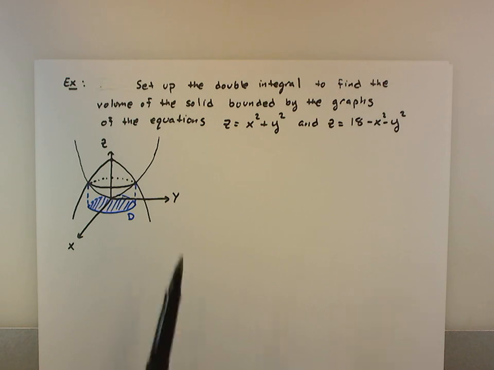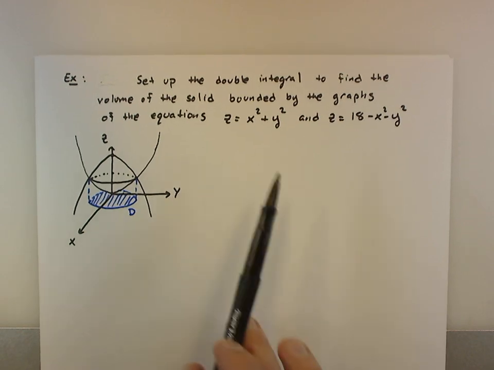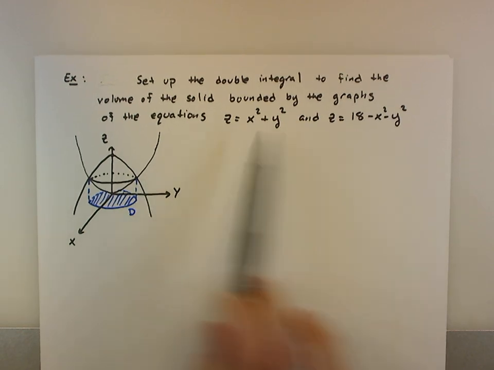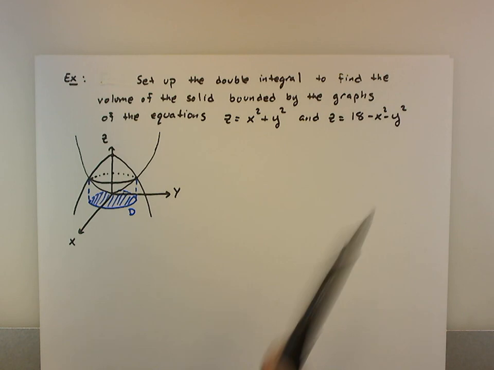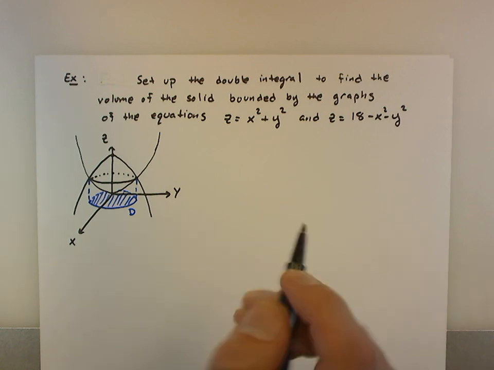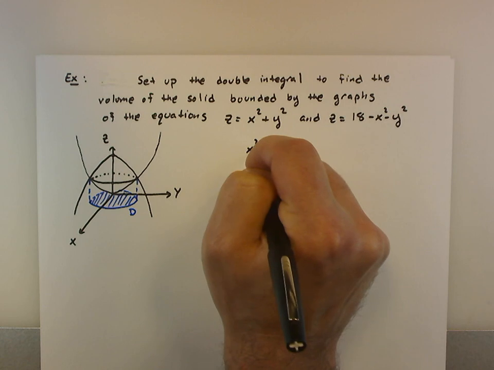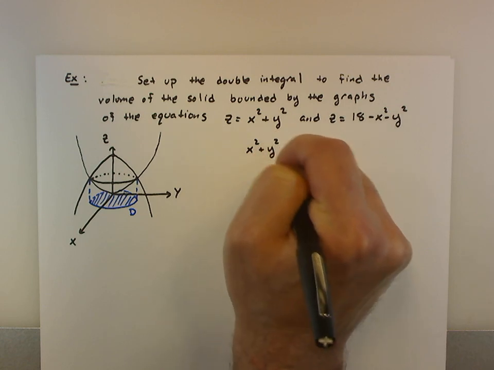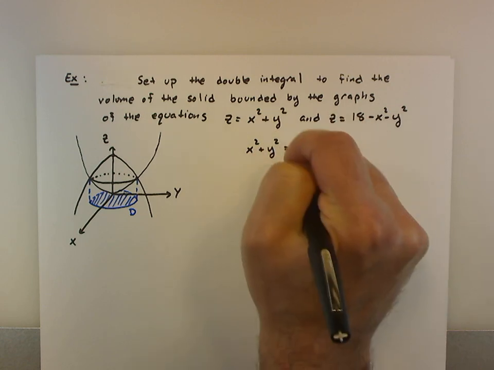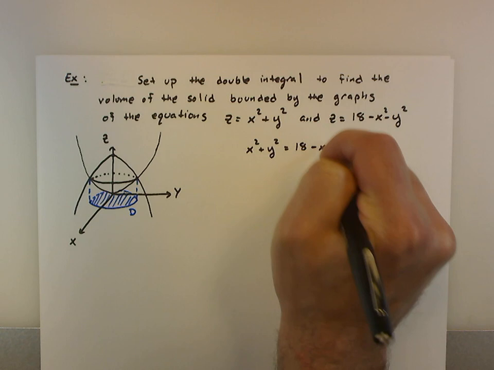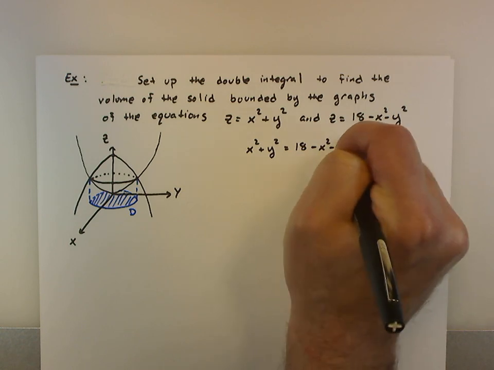So let's determine where these two paraboloids intersect. To find the intersection points, I'm going to set the z values equal. So x squared plus y squared is equal to 18 minus x squared minus y squared.